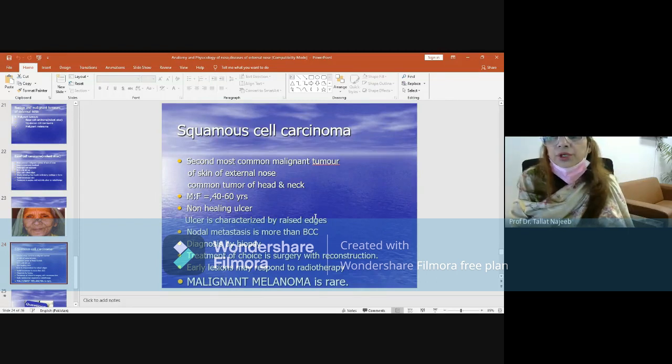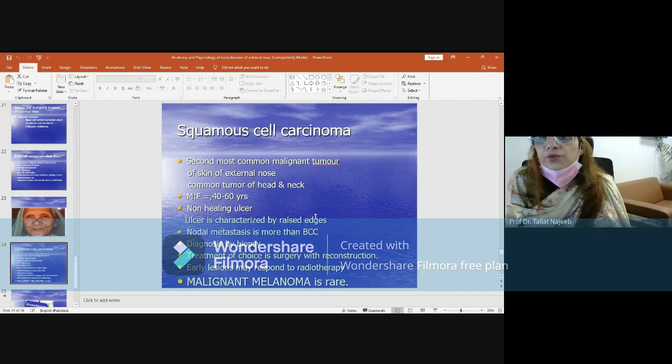You will take proper history, then you will take tissue from the edges of the ulcer. So the histopathologist will tell you what this is: basal cell carcinoma, squamous cell carcinoma, or malignant melanoma. So diagnosis is made by biopsy.